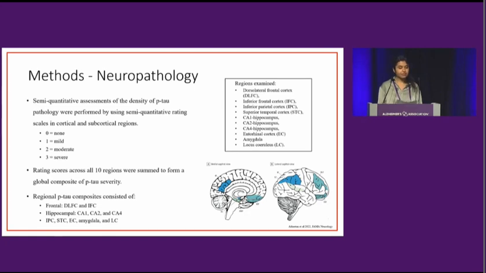We also looked at regional p-tau severity, and here the dorsolateral frontal cortex and inferior frontal cortex were grouped to form a frontal cortex composite, and the CA1, 2, and 4 regions form the hippocampal composite. The rest of the regions were examined separately due to their more distinct neuroanatomical locations.